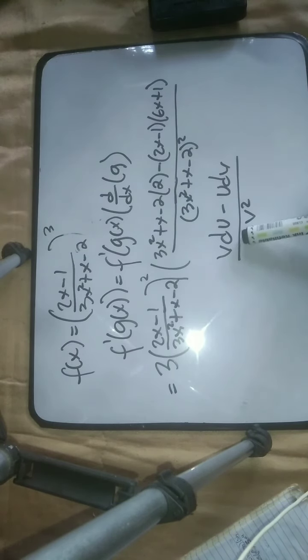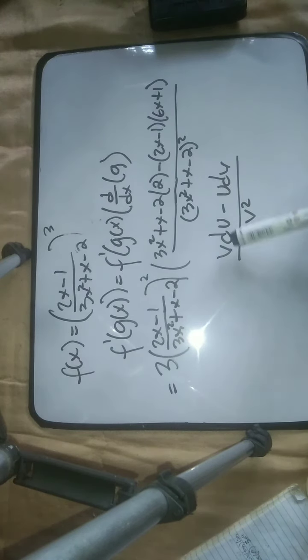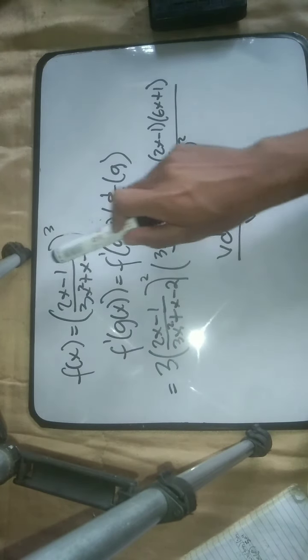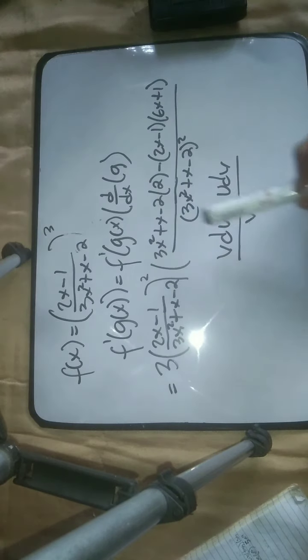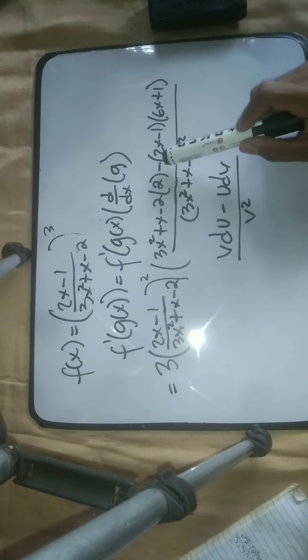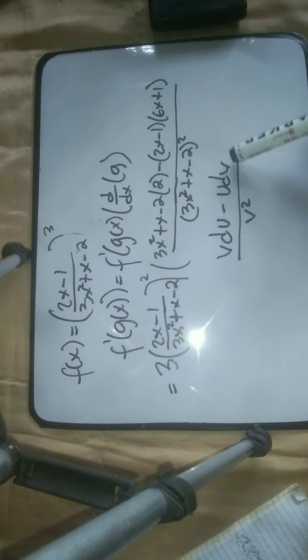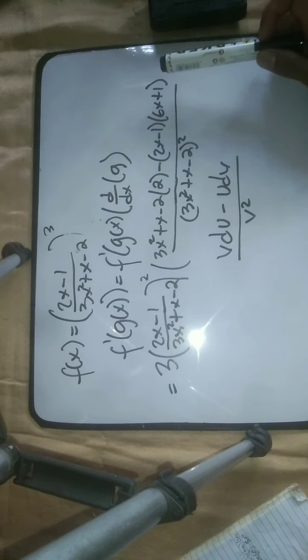To get the next expression, we will use the quotient rule formula. Our v is the denominator and our u is the numerator. So we just substitute: v, which is 3x squared plus x minus 2, times the derivative of u, 2x minus 1, which is 2, minus u, 2x minus 1, times the derivative of v, which is 6x plus 1.